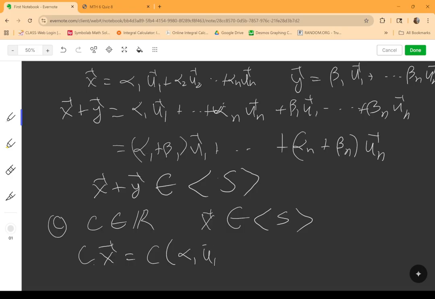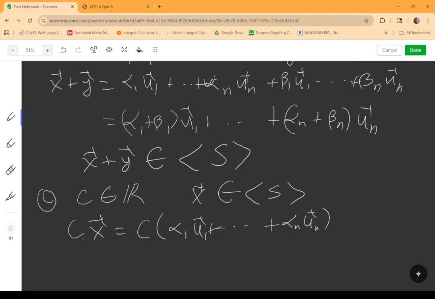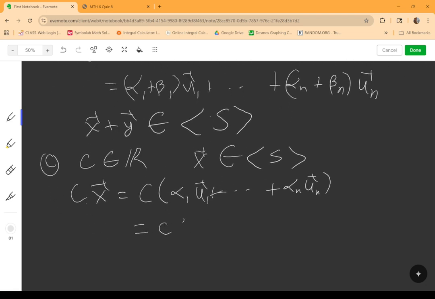Then c times x is c times alpha 1 u1 plus up to alpha n un. Distributing, we get c alpha 1 u1 plus up to c alpha n un.